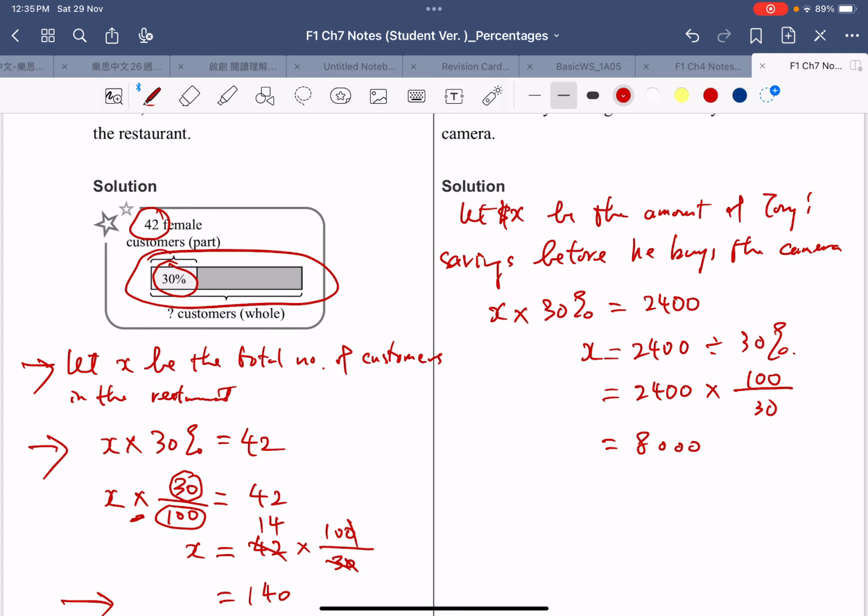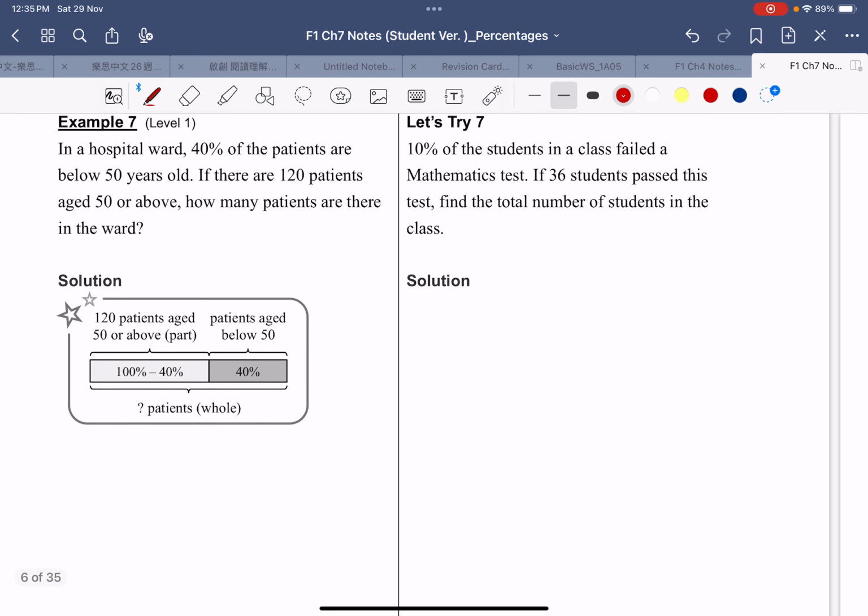Therefore Tony's savings before is this amount. Alright, let's move on.